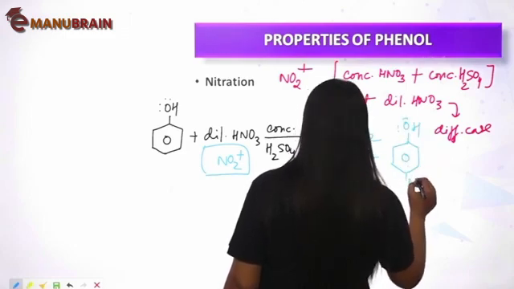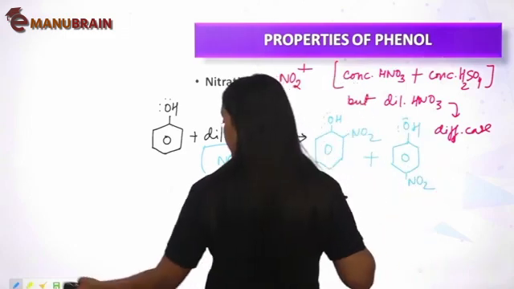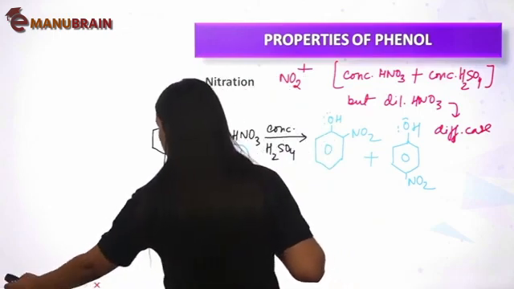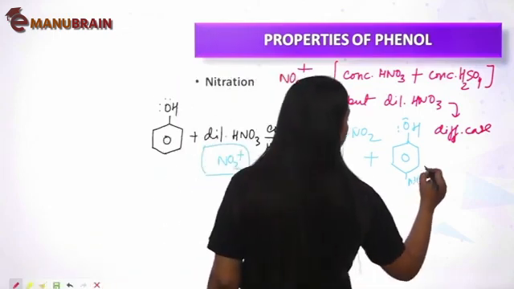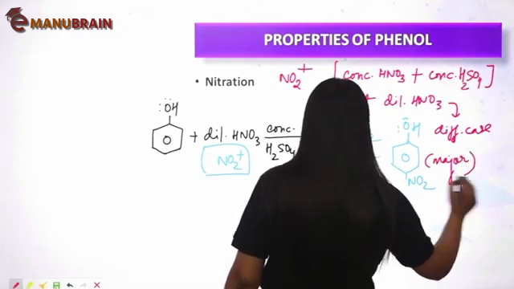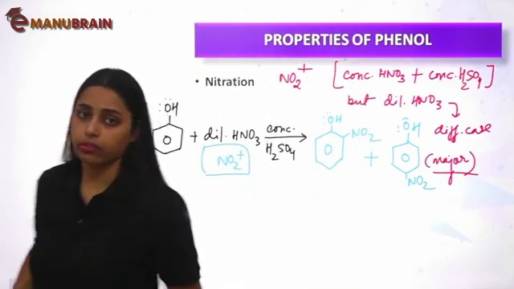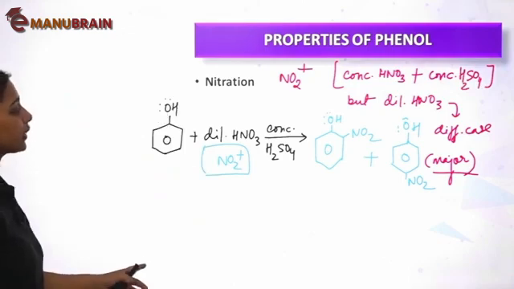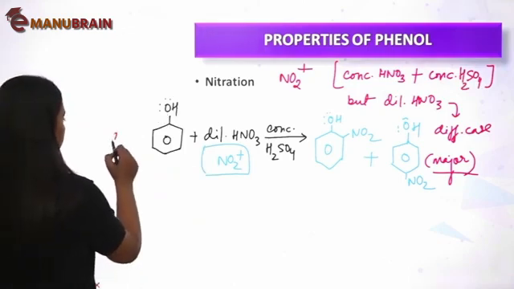Paranitrophenol concentration is generally more than orthonitrophenol, and that is why it is the major product and the minor product is orthonitrophenol. So this is the reaction with dilute HNO3, A, okay.